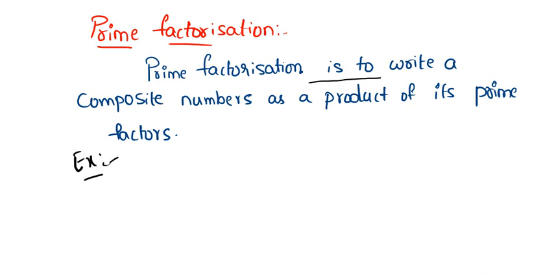Suppose we take 72 and need to represent its prime factorization, that is, write this number as a product of prime numbers.